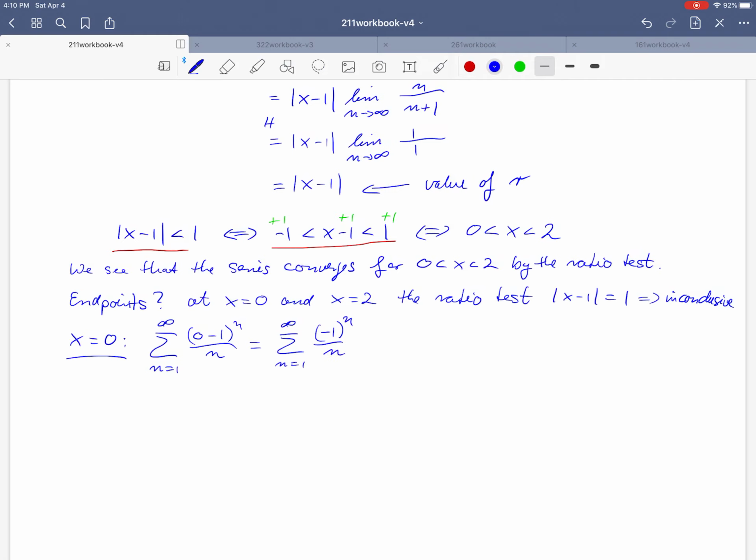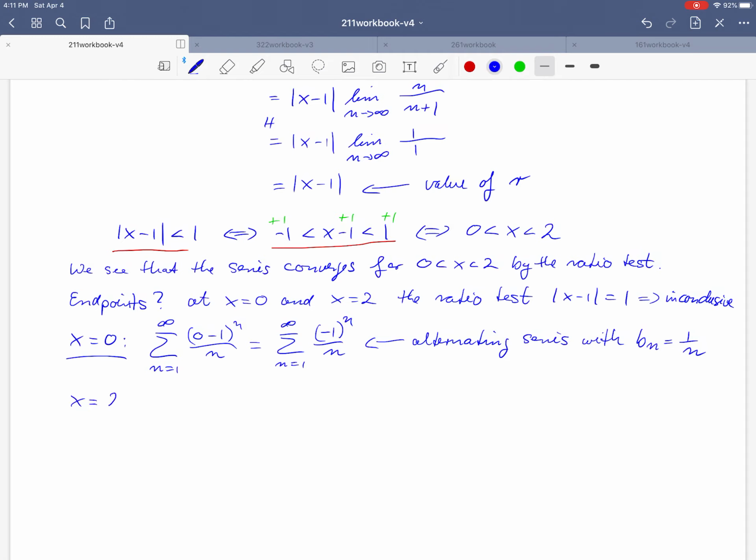That looks nice. That is an alternating series with bn equal to 1 over n. So that we can handle.